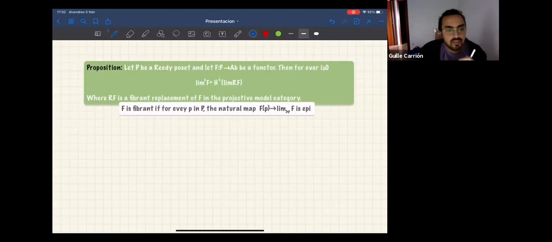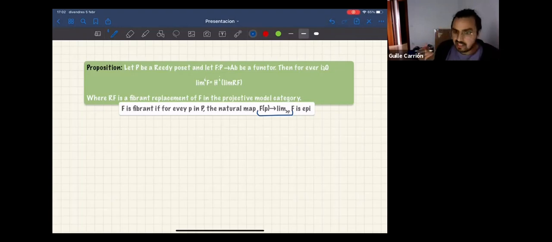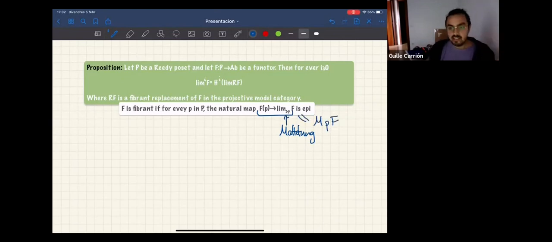Just to recall, an object is fibrant if the natural map, this one, is an epimorphism. I try to not use a lot of notation, but sometimes maybe I say matching object, because it's the notation used like this in ready categories.